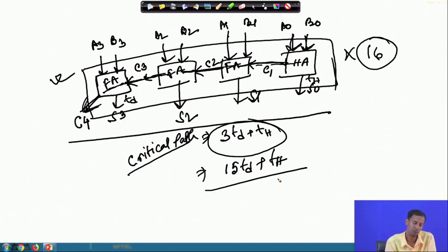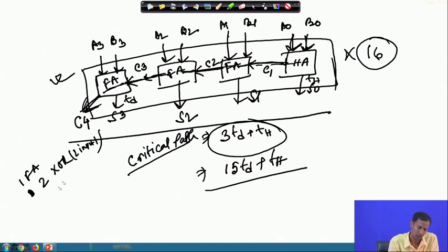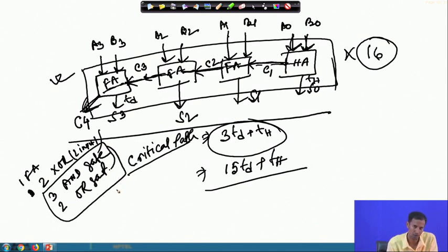Okay. So, what does one full adder cell consist of? It consists of 2 XOR gates, 2 input, and 1, 2, 3 AND gates and 2 OR gates for implementing the carry logic.